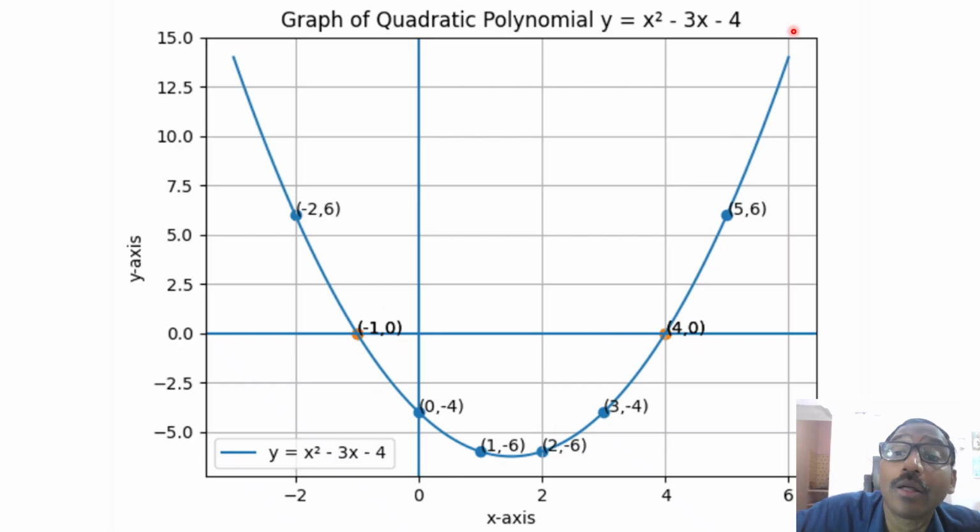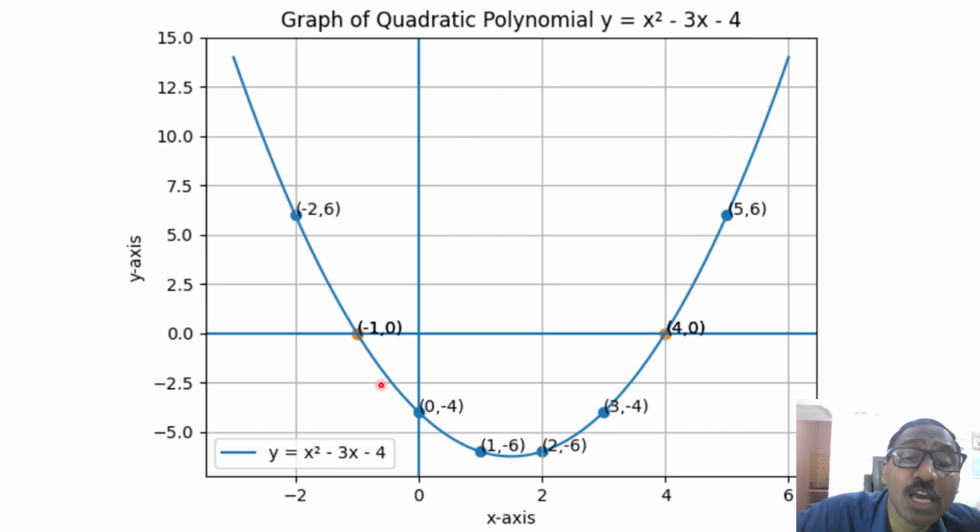This is the polynomial y is equal to x square minus 3x minus 4. If we draw the graph, this is the parabola curve of the given polynomial. It intersects the x-axis at x equal to minus 1 and at 4. So minus 1 and 4 are the zeros of the quadratic polynomial x square minus 3x minus 4.